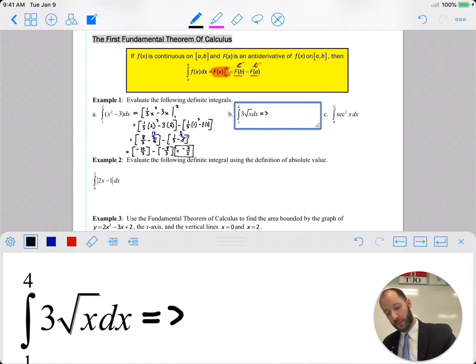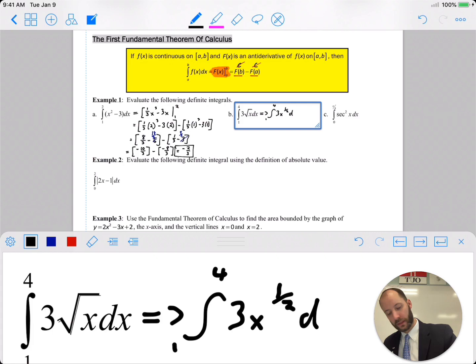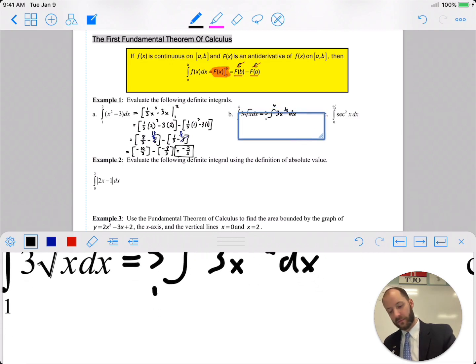Right here for example B, it's never a bad idea to do a quick rewrite. So 3x to the 1/2 dx.